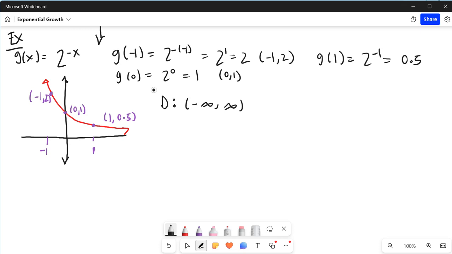It still goes from negative infinity to infinity, and the range of this did not change either. It still is from 0 to infinity. So we would say that we do have a horizontal asymptote, and that horizontal asymptote will be at y equals 0.